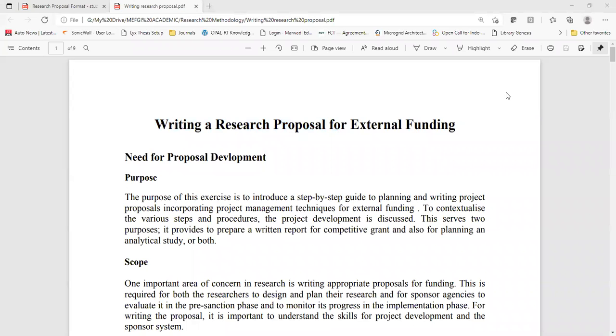The importance of external funding is this: whenever you are applying as a research scholar, let us say as a PhD research scholar, or you want some kind of funding from our SSIP.